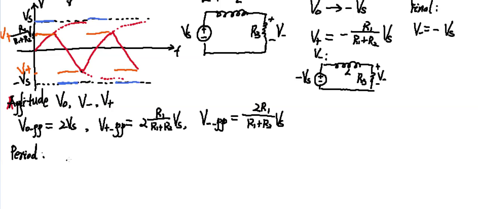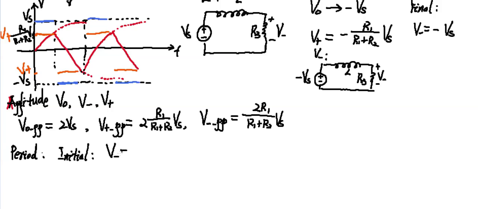In order to determine the period, we need to write out an analytical expression for V minus evolution within half a period. Now let's consider this half period specifically. So we have the initial condition, as we just analyzed.